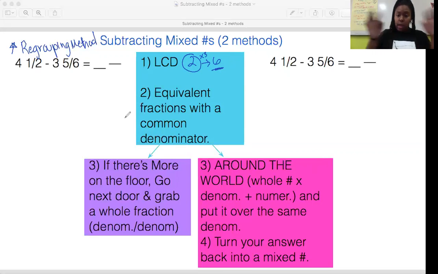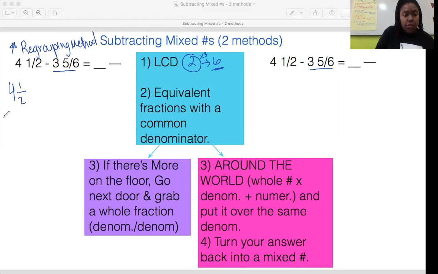I'll write it on both sides just so that we can keep up. We get to keep this fraction because it's already in 6, and we're only going to have to write an equivalent fraction for the other fraction. So super easy.